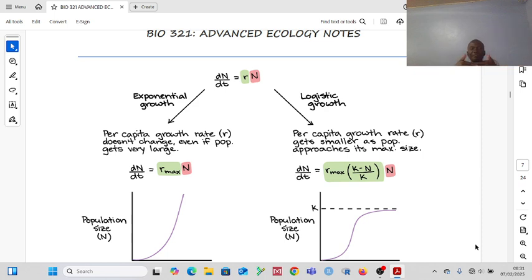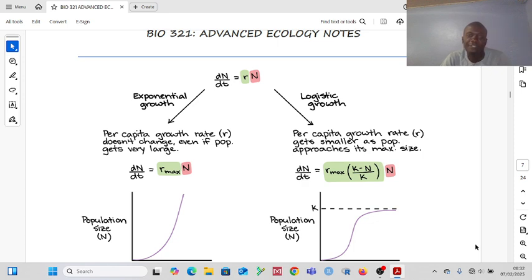So you can have a rate of growth. So with this rate, if you look at the arrows on page 7, which are coming from the rate, one is the exponential growth. With it, the growth rate does not change, even if the population gets very large.